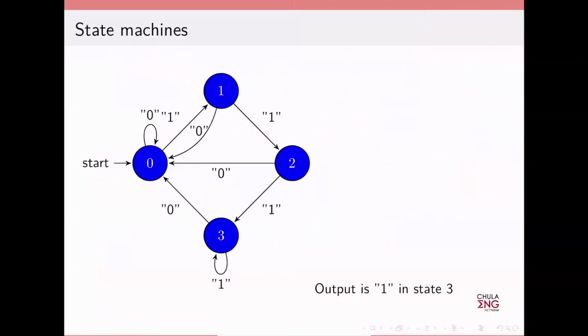So this is 0, 0, right? The D flip-flops store the state, yes. So output is a function of the state. And then the next state is going to be... we have the current state, like right here the current state is 0, and we ask where are we going next?